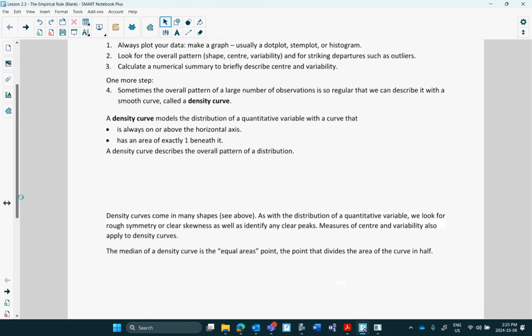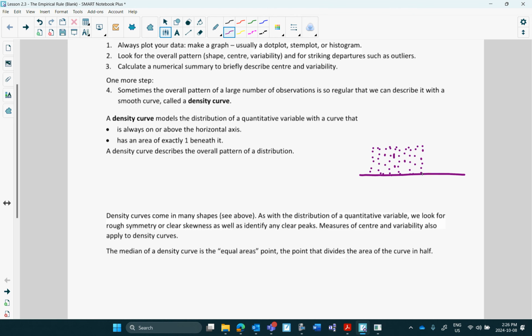So a density curve would be like, let's say we had a dot plot. Here we always plot a horizontal axis for the dot plot, and then we describe whatever our data value is below, and then we have a series of dots. Well, you could end up with a series of dots that almost looks like a rectangle.